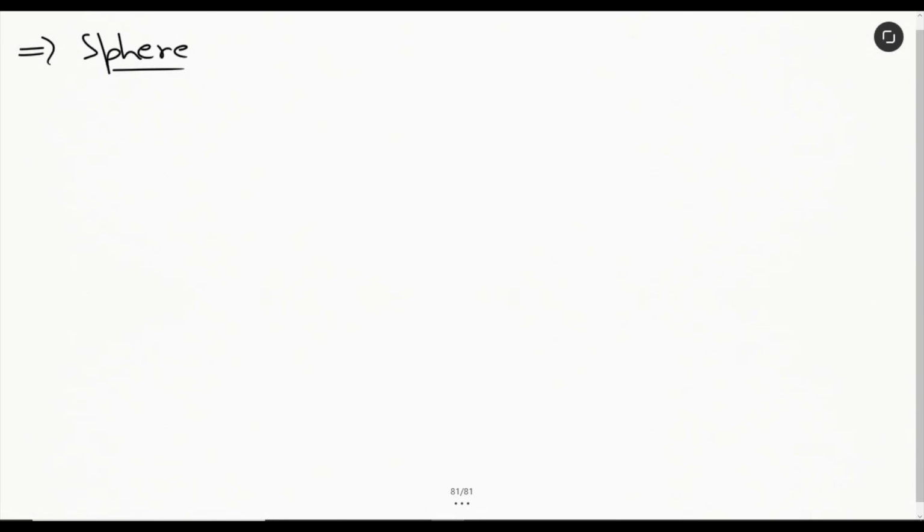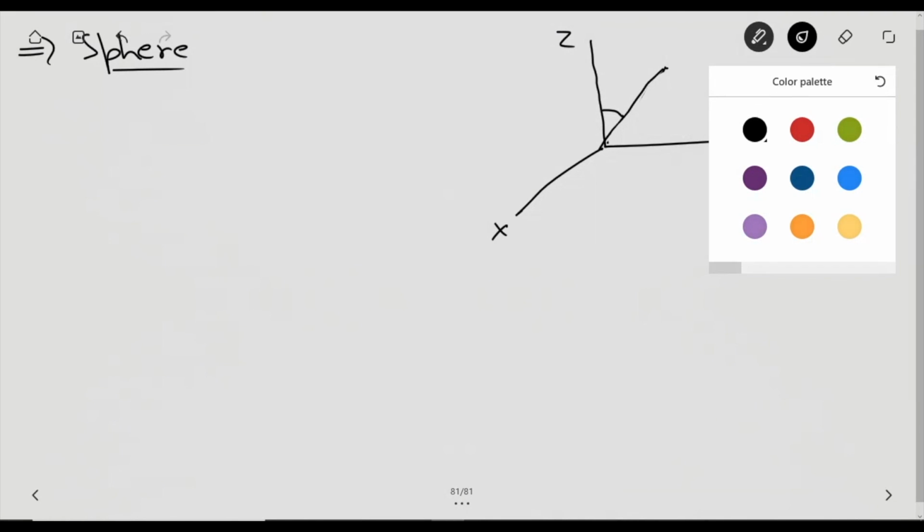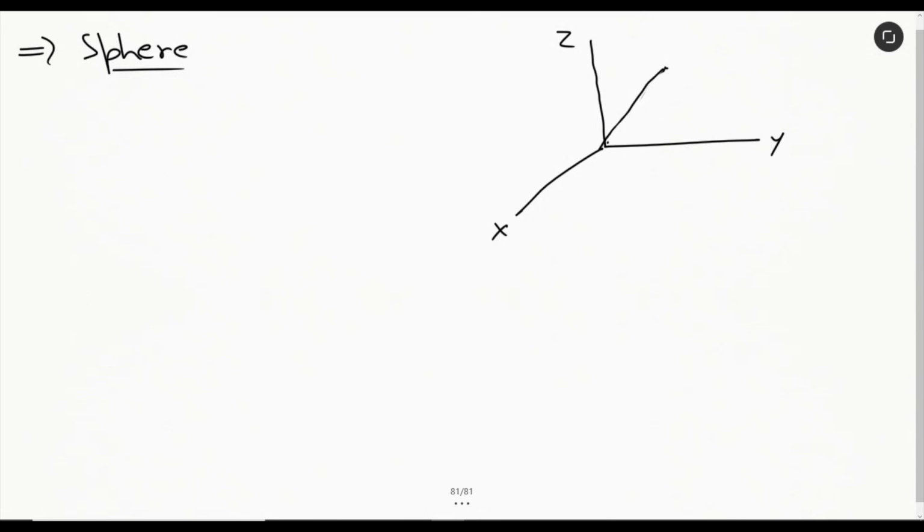In this case, let's try to understand the elements. Let's say this is the z-axis, y-axis and x-axis. And let's say this is a position, and it is making phi angle with the z axis.